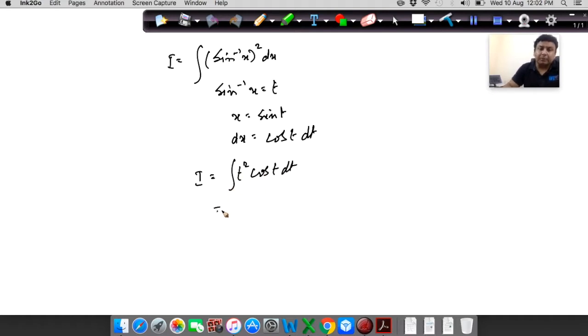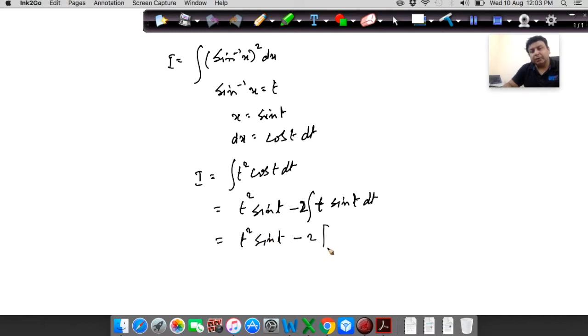So now you can apply by parts. So t square as it is, integration of cos is sine t, minus integration of 2t, t square differentiated is 2t, into sine t dt. So t square sine t minus 2, and apply by parts again.